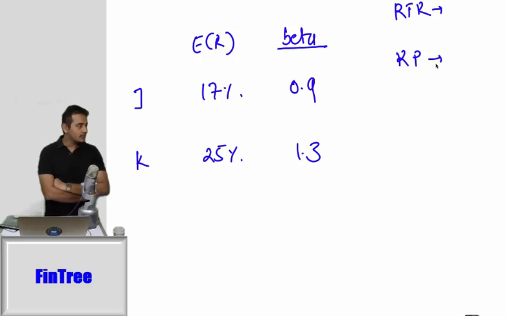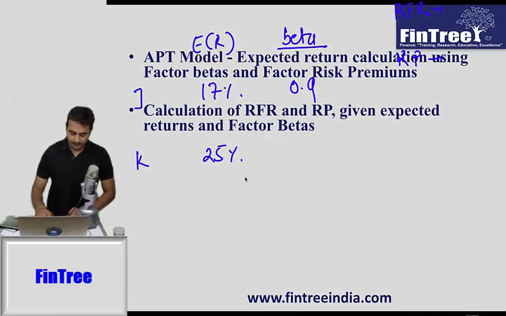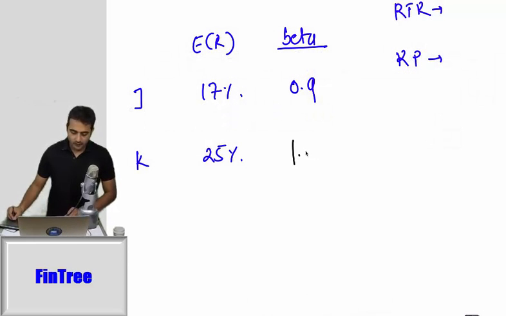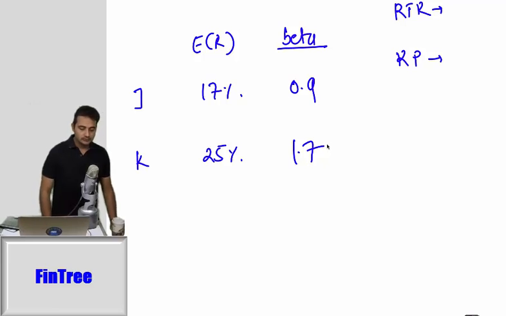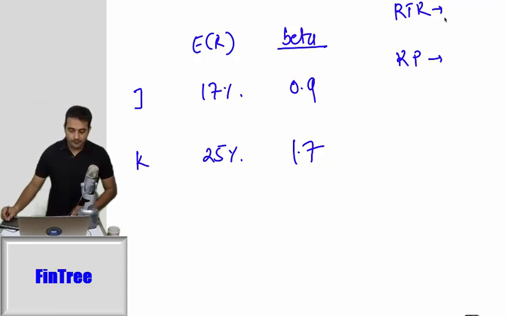Is it again minus? Let's change this beta value to 1.7. Hopefully now it won't be minus. So now RFR is 8% and risk premium is 10%. It works.